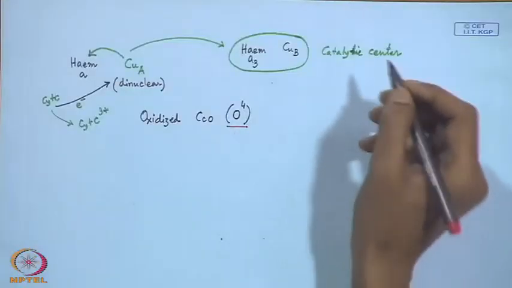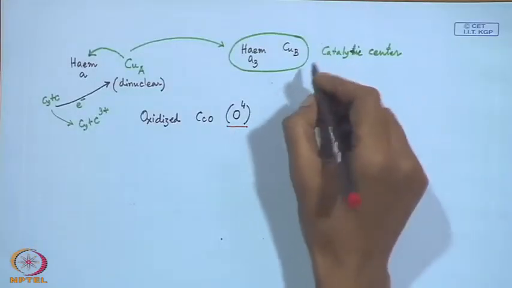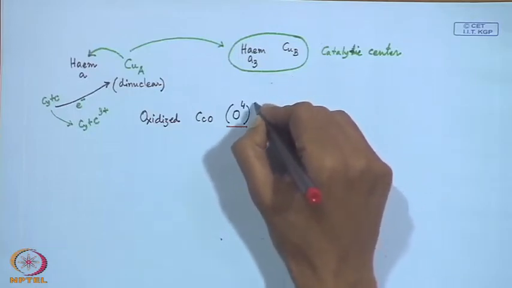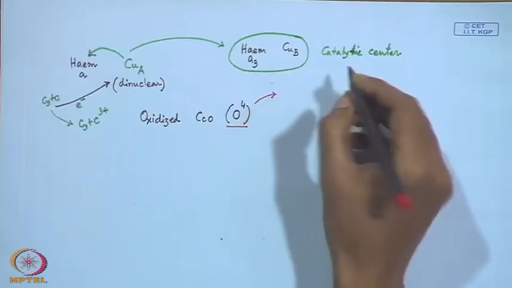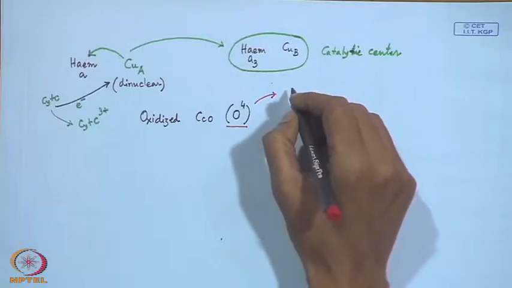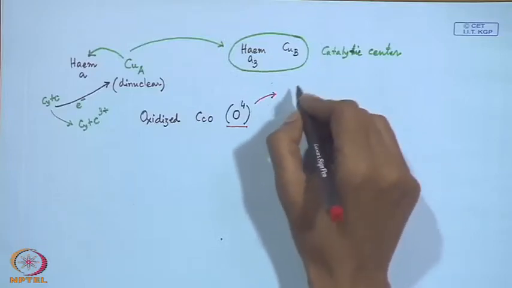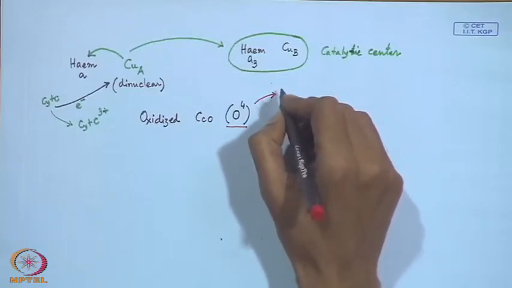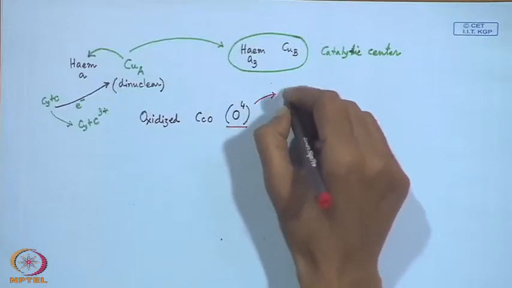So, the oxidized form, we label it as O4, because it is a 4 electron oxidized form, so the number of electrons transferred to the catalytic site. So, it can accept 4 electrons.